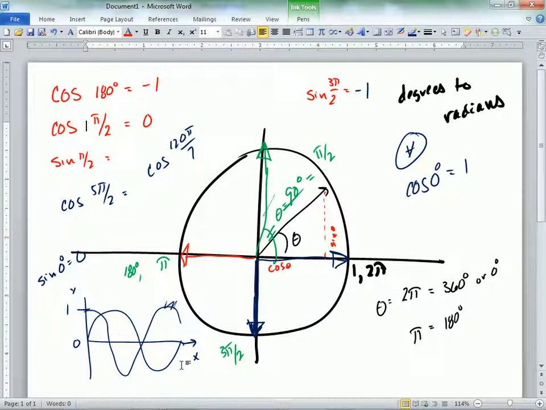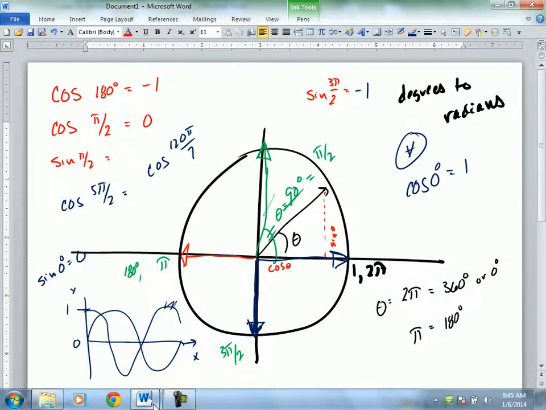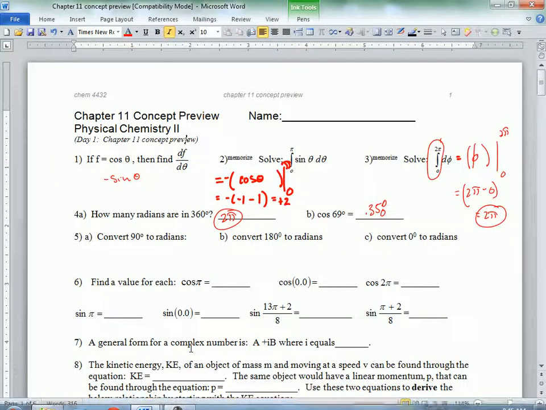Right? 90 degrees would be pi over 2. And if you don't remember it, you could always calculate it. What I mean by calculating it, you have 90 degrees, so just multiply it by something that you know. There's 2 pi radians in 360 degrees. So you end up with pi over 2.